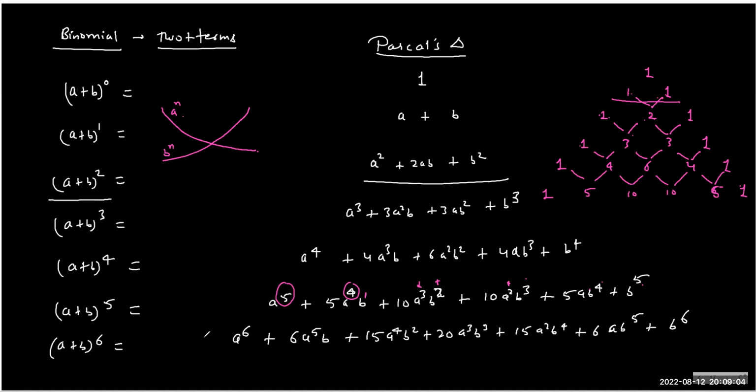So who will tell me the next one, (a plus b) power 7? That's pretty easy. Tell me, guys. By looking at the formula, you can tell. The first term is going to be simple: a raised to 7. The next term will be, can you guess? 7, a raised to 6, b. Very good.